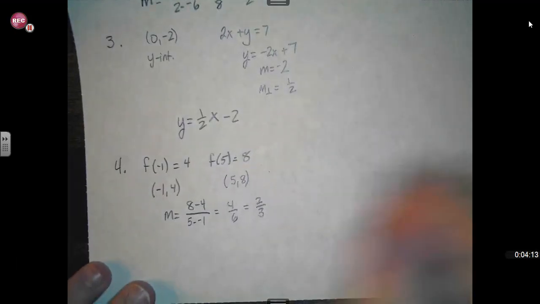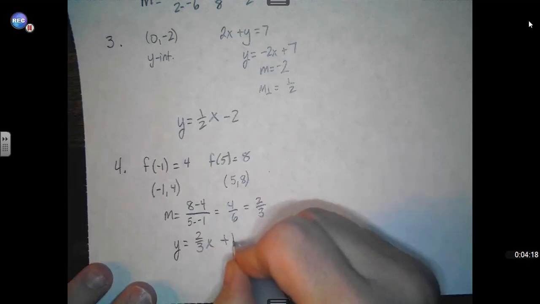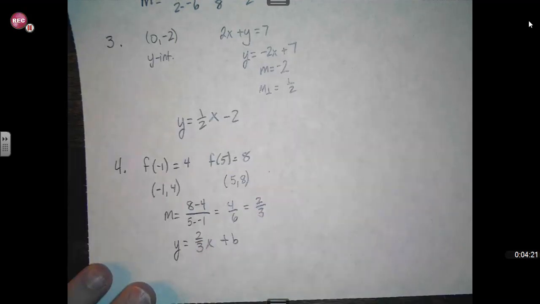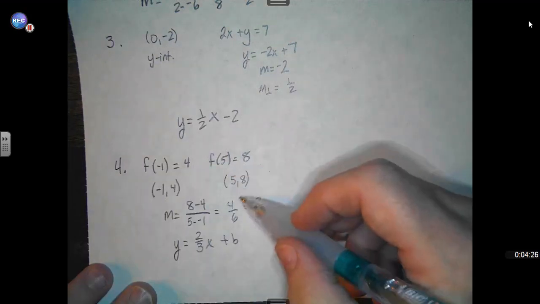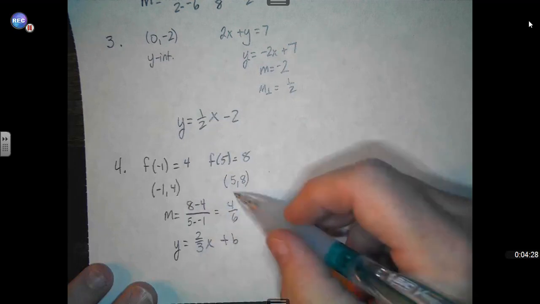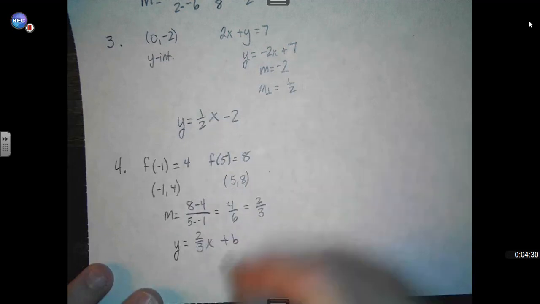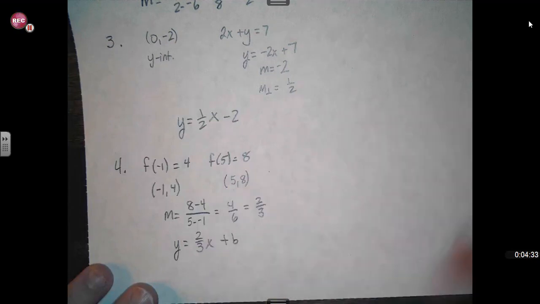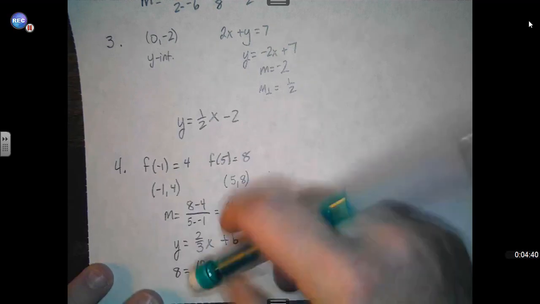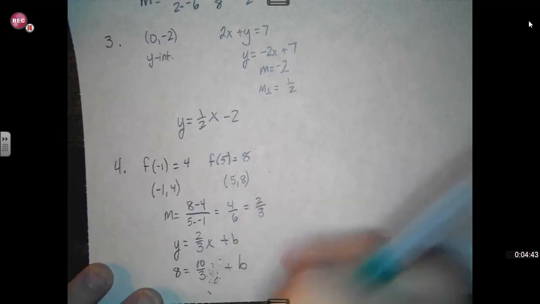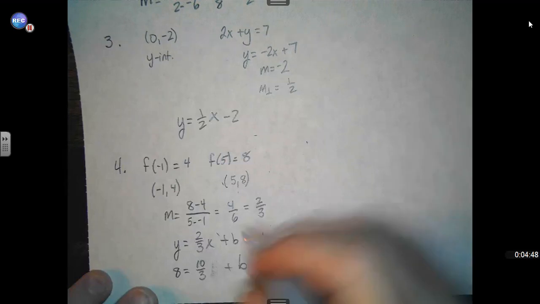And I use that, y equals 2/3 x. I use one of the points, and again, it doesn't matter which one. I think this is going to come out nice anyway if I did my calculations correctly, which I think I did. So I'm going to plug in 5, 8. So I get 8 equals 10/3 plus b. I substituted 5 in for x, sorry.